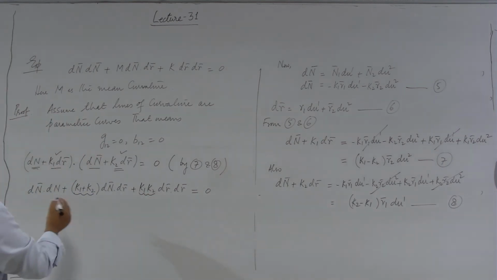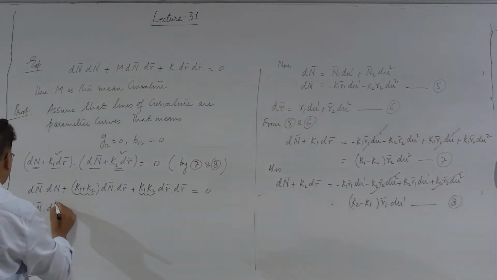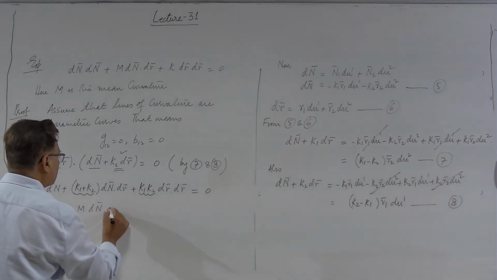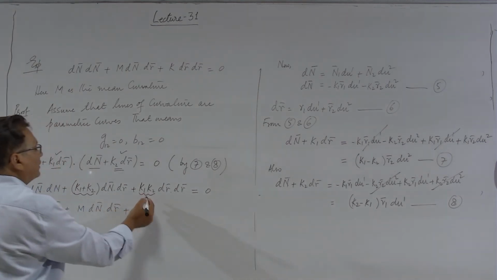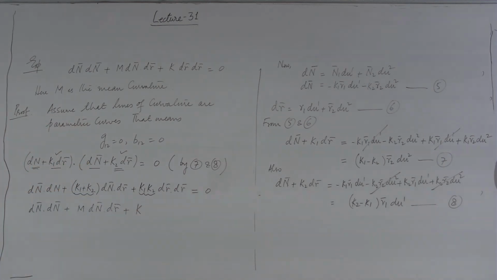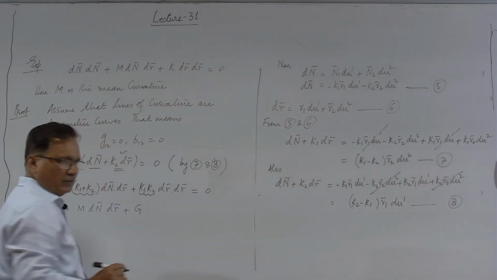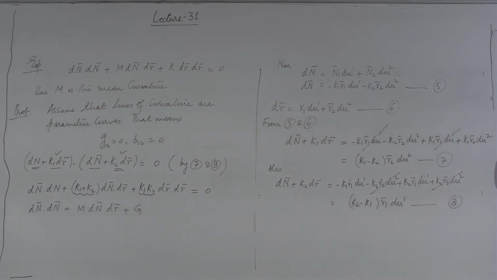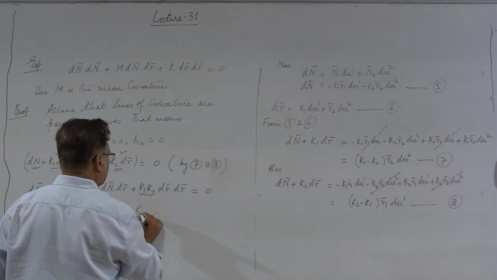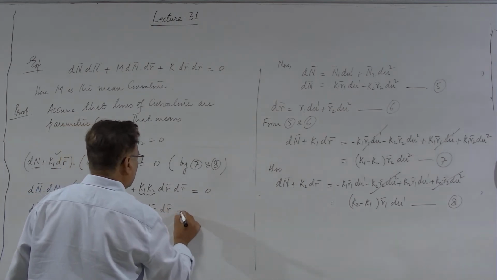Sum we call as m, the mean curvature: dn dot dn plus m times dn dot dr plus, let me call it K, K means the Gaussian curvature, or if you want to call it G, you may call it G. I do not know which symbol I use for Gaussian curvature. Okay, so you may call it K, times dr dot dr equal to 0.